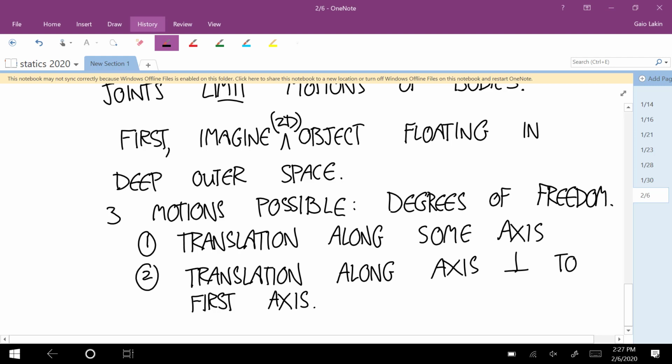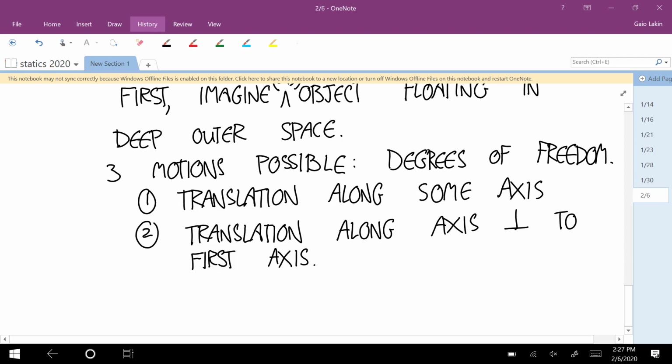And then the third one is that this thing's orientation can change. This one is a rotation in the plane.